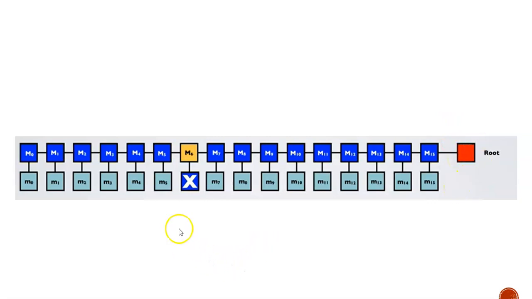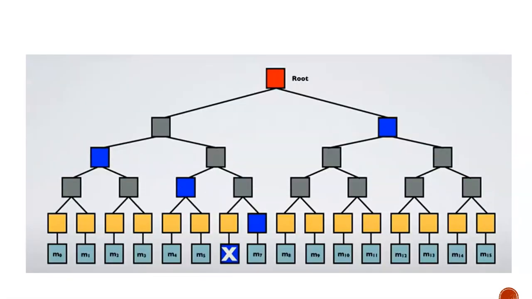If we want to verify a single transaction, we need all the hashes of all the rest of the transactions, and only then will we be able to compute the root. So if this is 1000, then we need 1000 transactions, so the algorithm will become order of n.